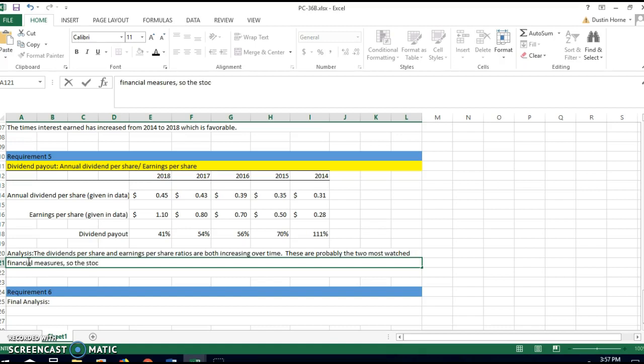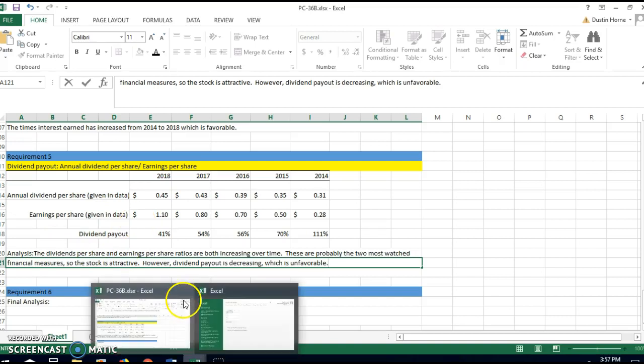So the stock is attractive. However, dividend payout is decreasing, which is unfavorable.